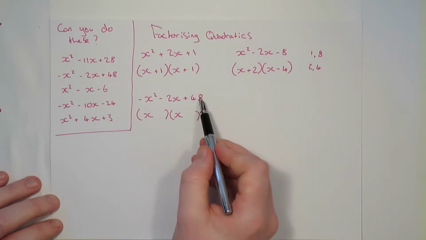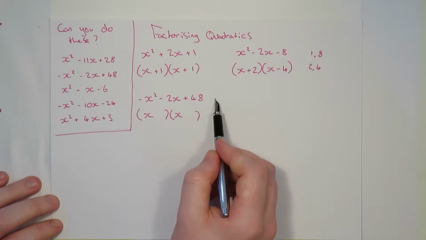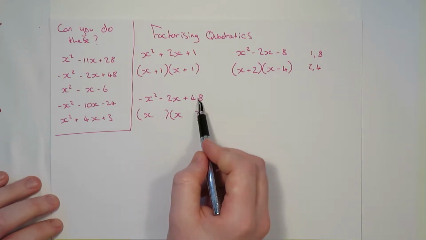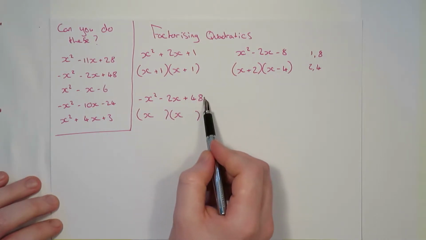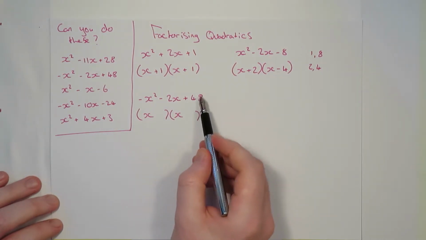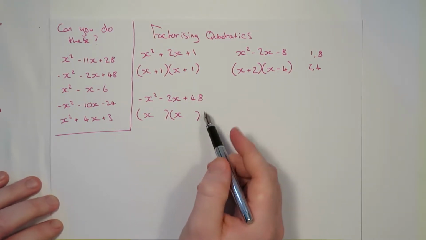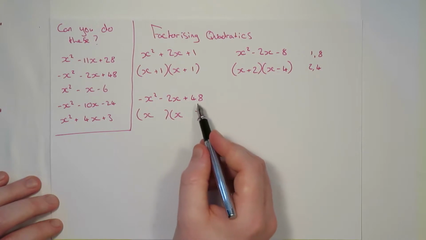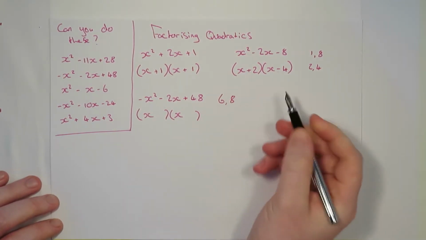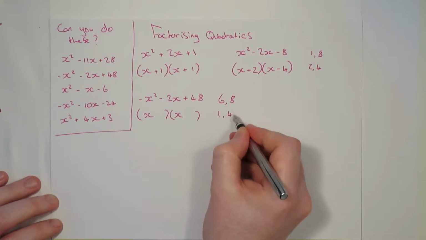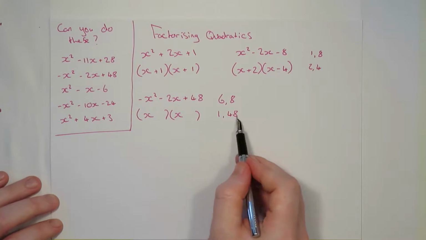Now, when you have a number like this, we need 2 numbers that times together to give us 48, but add together to give negative 2. So what we're looking for here is numbers that are quite close together in size. So if I just say here what the answer is, the answer here is 6 and 8. The answer is not 1 and 48. 1 and 48 here, these are very far apart.